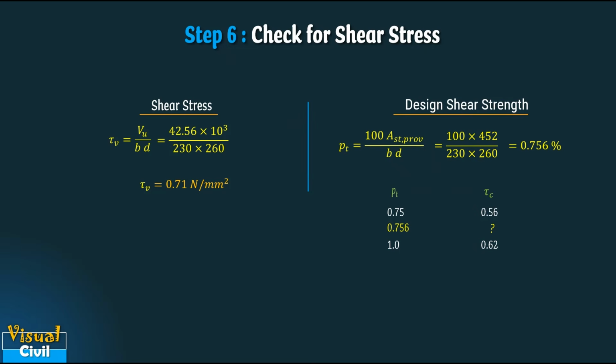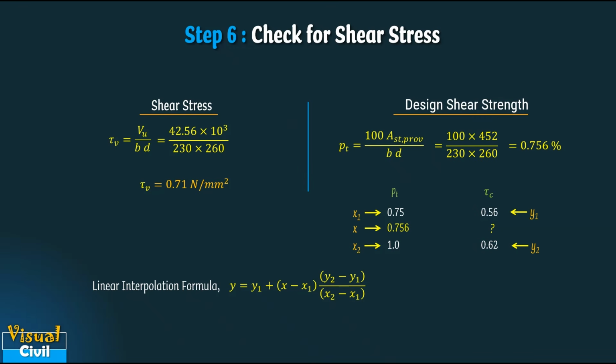Here, we can calculate the tau c by using linear interpolation formula. Let us mark the values of x1, x2, y1, y2, x and y. By putting all these values in the interpolation formula, we get y equal to 0.561, which is the value of tau c.